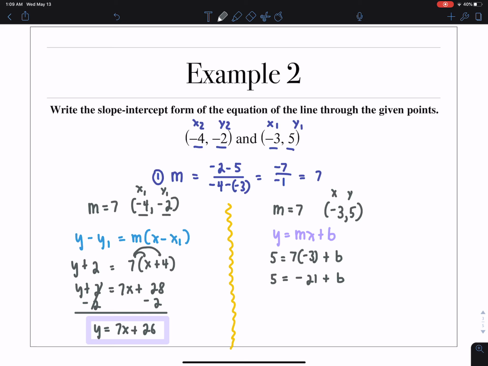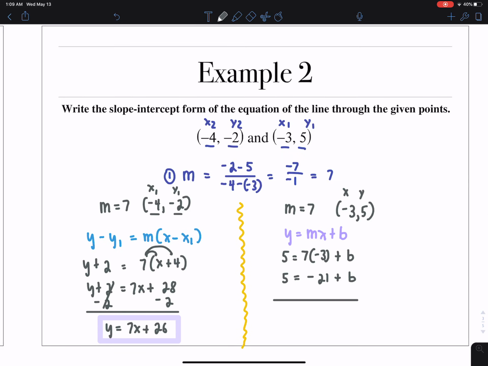And then to solve this, we got to get rid of this negative 21. We do so by adding 21 to both sides. 21 plus 5 is 26. So 26 is b. We have m and b, which means that our equation is y equals 7x plus 26.